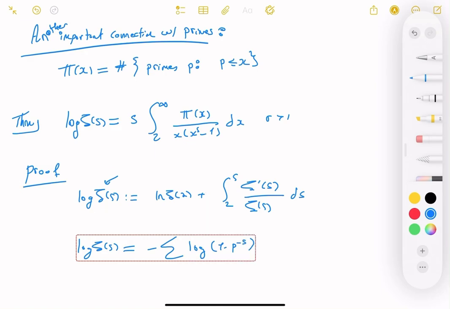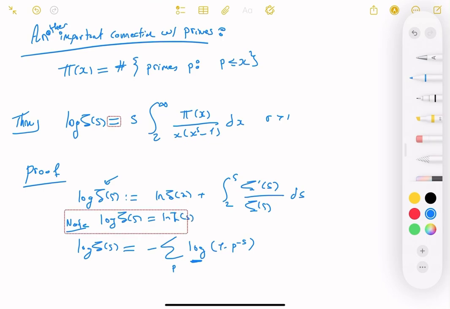So this is running over the primes. This is valid for real s, because log zeta s is ln zeta s for real s bigger than 1.